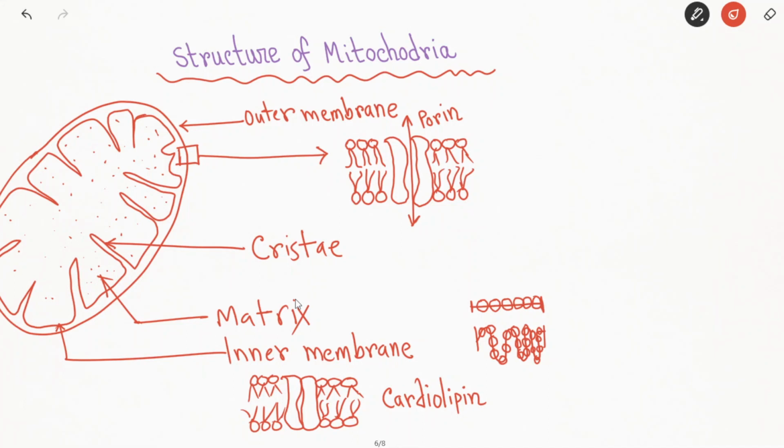And can you guess the composition of the matrix? As we mentioned, the fatty acid, glycerol, amino acid, and glucose are broken down and generate energy, right? The majority of these breakdown procedures need a biochemical reaction. This breakdown of the food compounds is actually a biochemical reaction, and the majority of the biochemical reactions happen in the matrix.